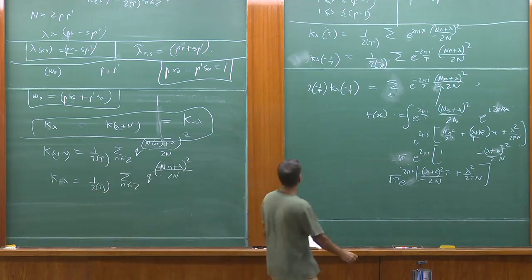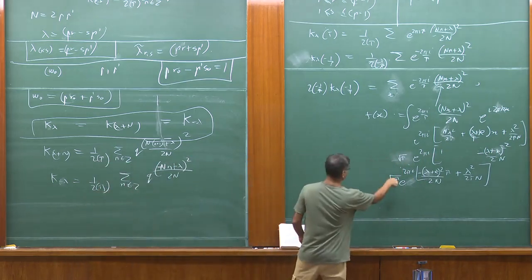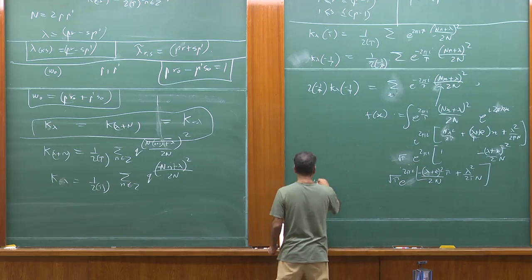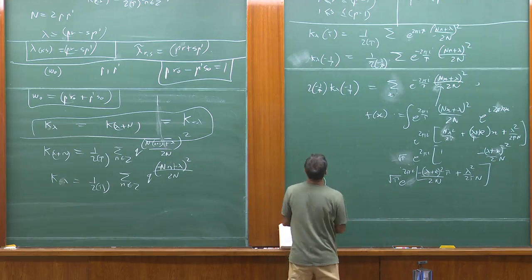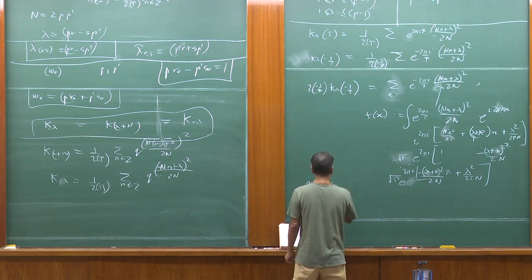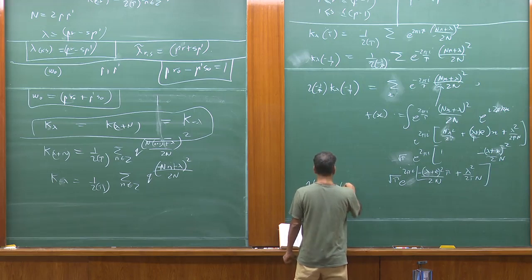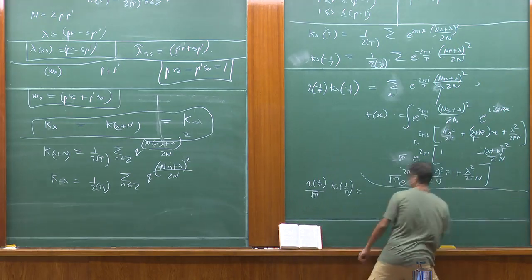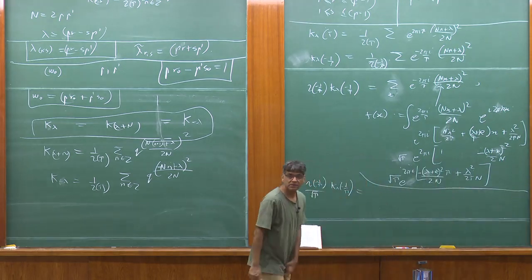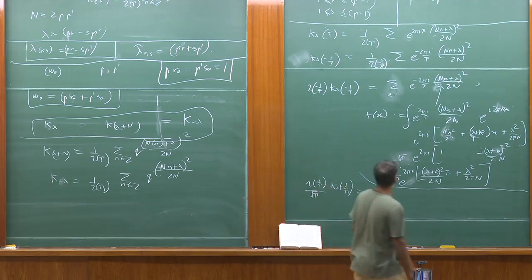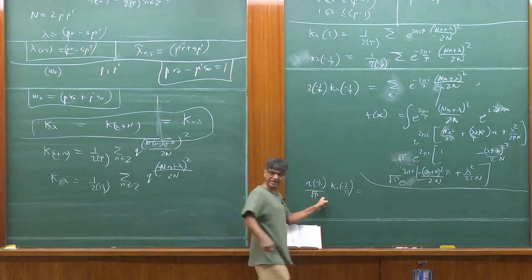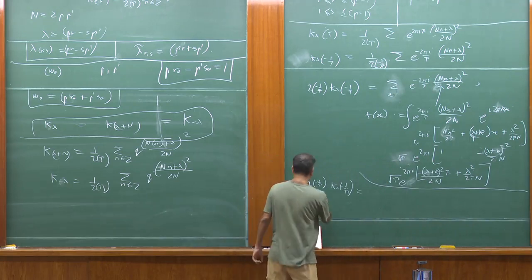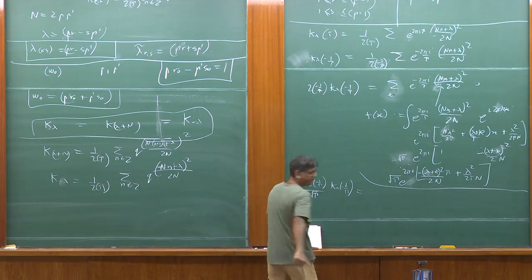Finally, we take this square root of tau here, so we have eta of minus 1 by tau by square root tau times k of lambda of minus 1 by tau is equal to square root of capital N, tau by n, something like that.